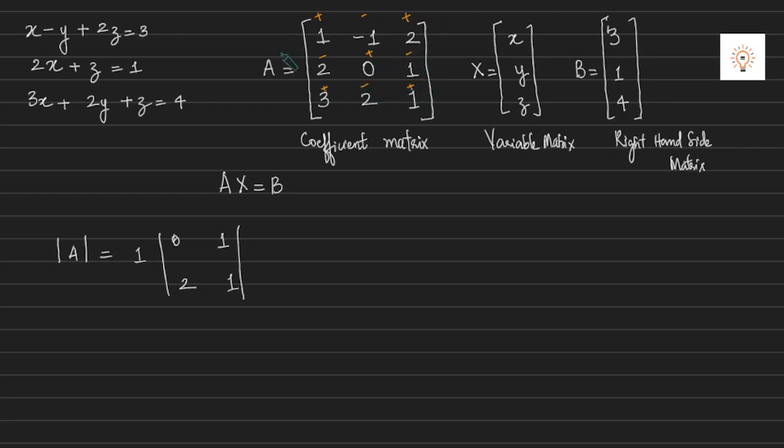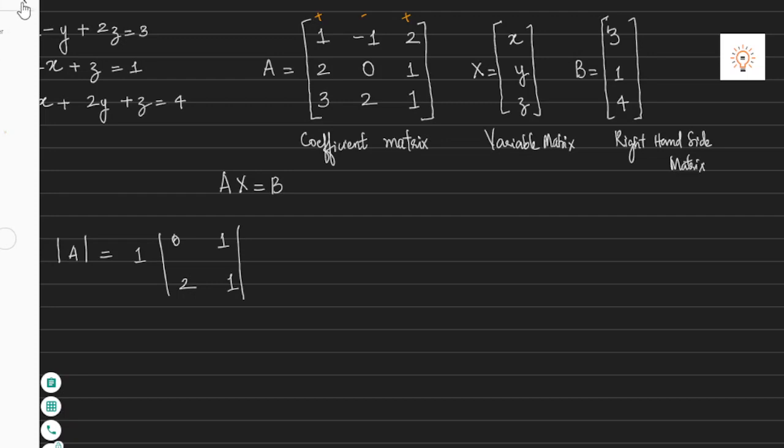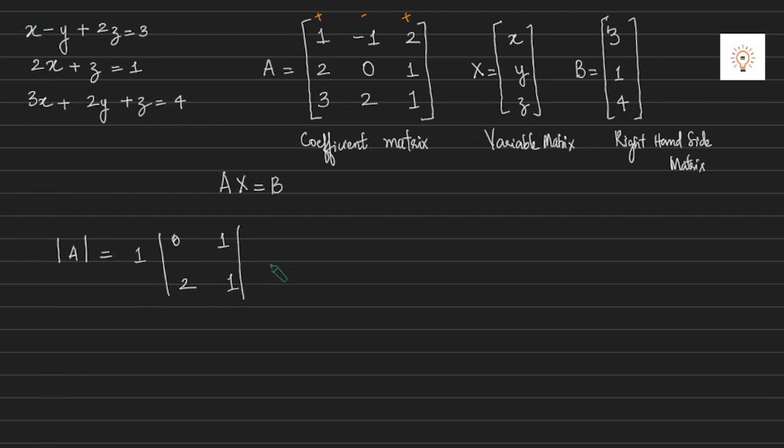Since we are expanding along the first row, we have the signs as plus, negative, plus. We have already put the first sign, which is plus, so the next sign is the negative sign, and the next element there is that -1.